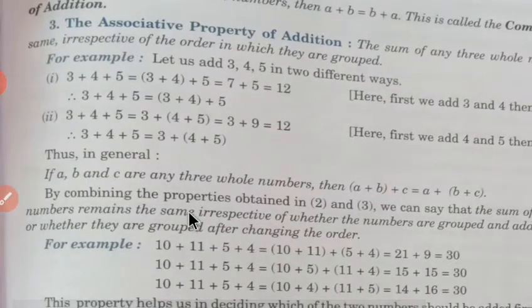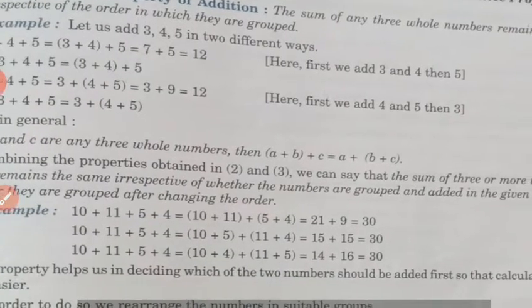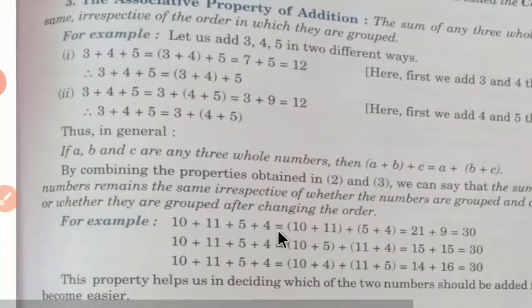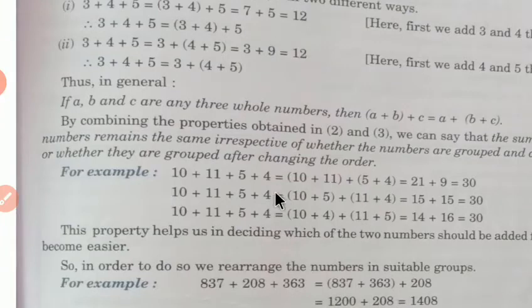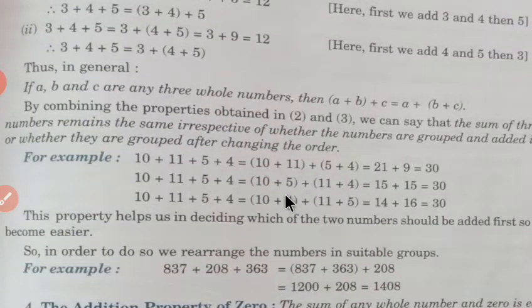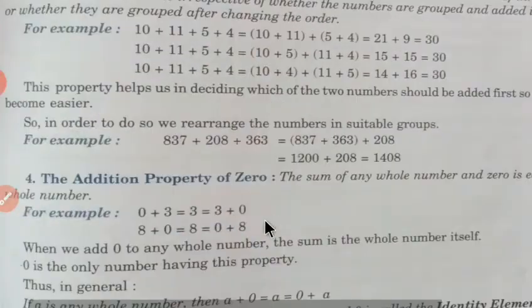In general, if A, B and C are any three whole numbers, then the bracket A plus B, plus C is equal to A plus the bracket B plus C. This is the associative property of addition. If we group the numbers in any order, the answer will be equal.